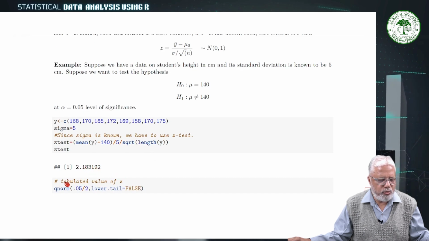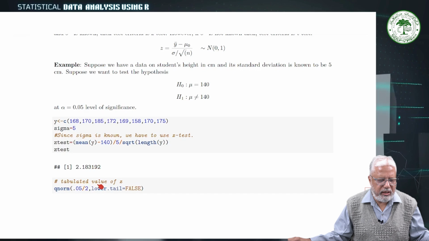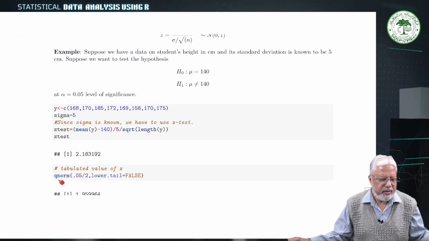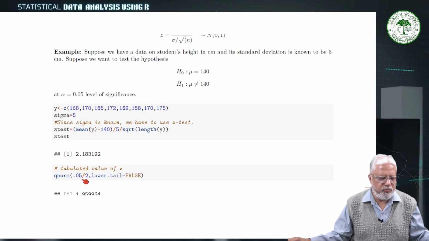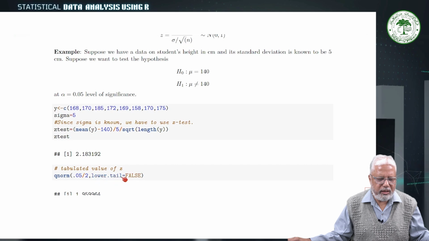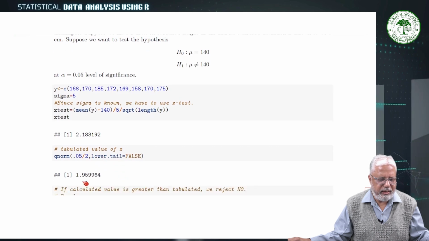The two-tailed value of Z is qnorm of 0.05 by 2, lower.tail equal to FALSE, and it is 1.96.